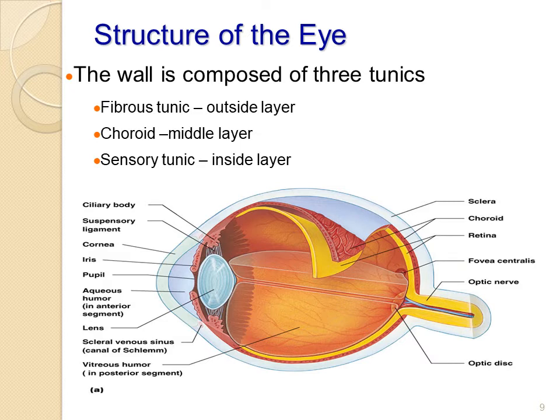The choroid is the middle layer, and the sensory tunic is the inside layer. In this picture we can also see the lens, cornea, iris, pupil, sclera, and choroid, the different parts of the general eye structure.